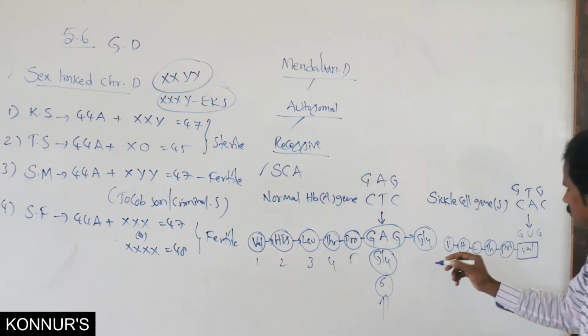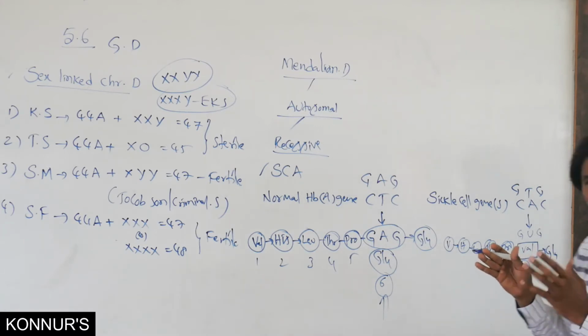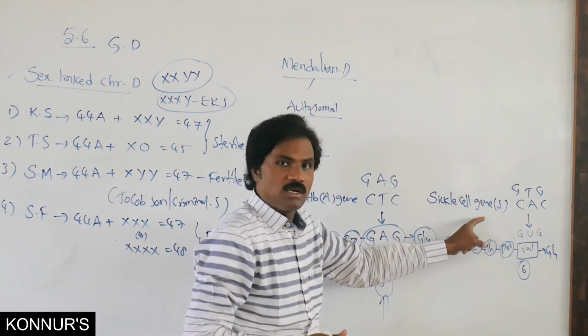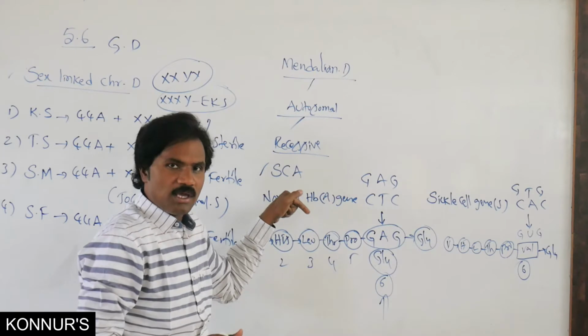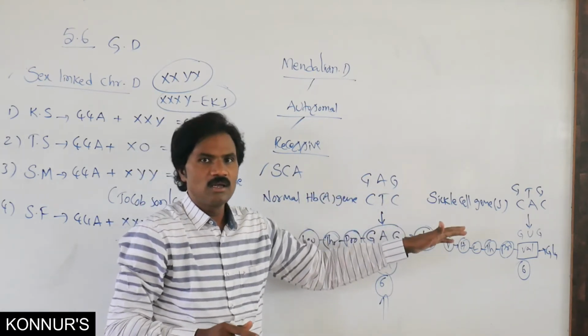Here it will change. Then again, glutamic acid. So in that sixth position, due to mutational changes, the sickle cell gene S replaces the normal gene A, then it causes sickle cell.